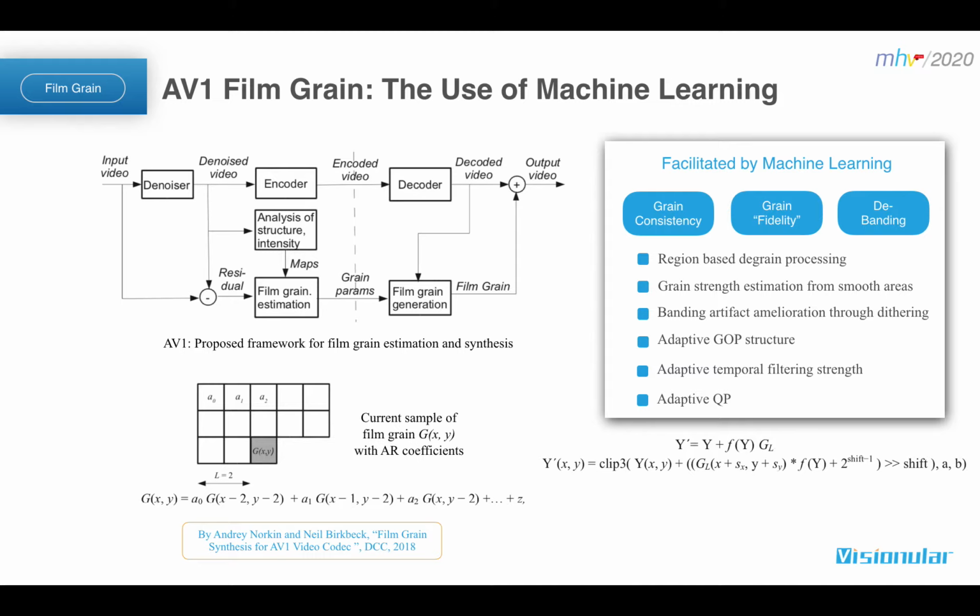First, the grain strength needs to be estimated, and then under the guidance of this grain strength, the degrain process can be conducted. After degrain, the video content will have a very large amount of high frequency components removed, thus achieving good coding efficiency.